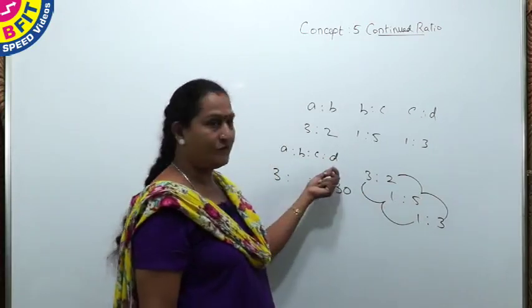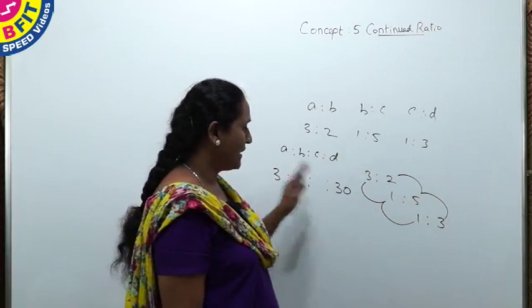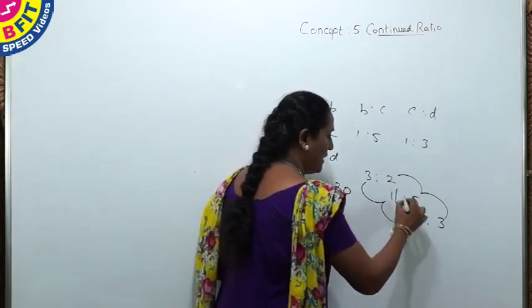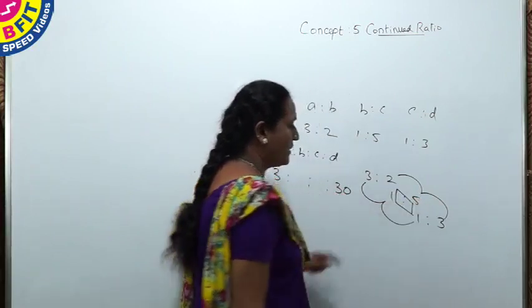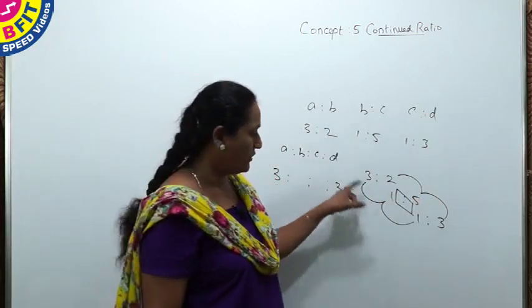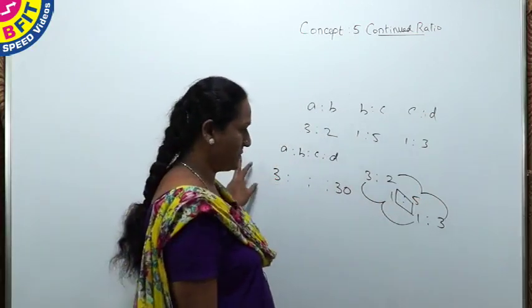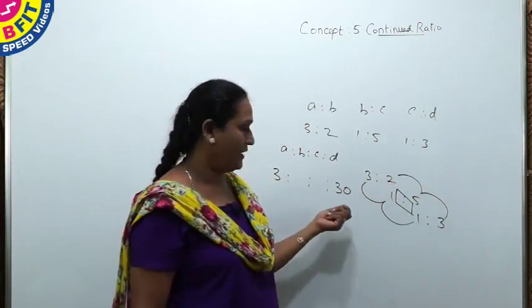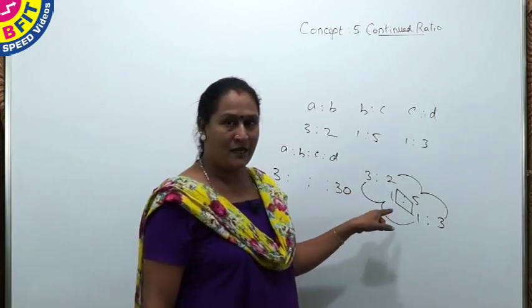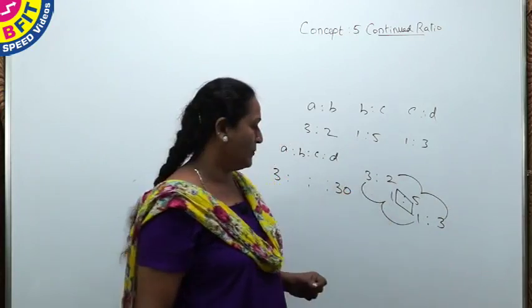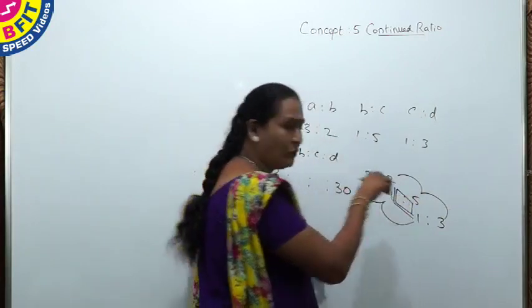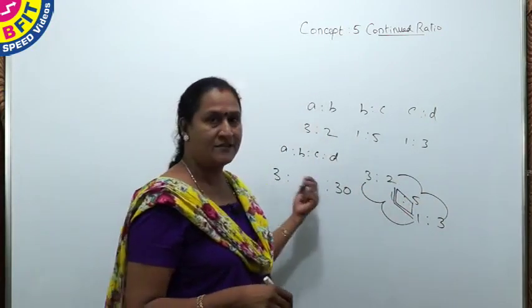The parts concerned for D is 30, and for the second and third parts, imagine that you have a rhombus in the middle. So it is like a flower to see. All the first parts multiplied will give you the first part. All the last parts multiplied will give you the parts concerned to D. And in the middle, imagine a rhombus, and on the left side of the rhombus I am drawing two lines to represent the second part.